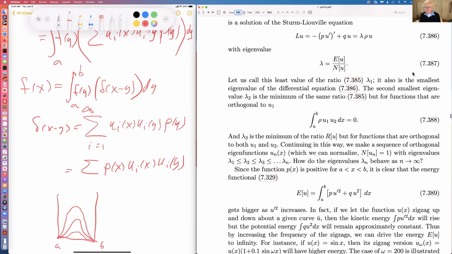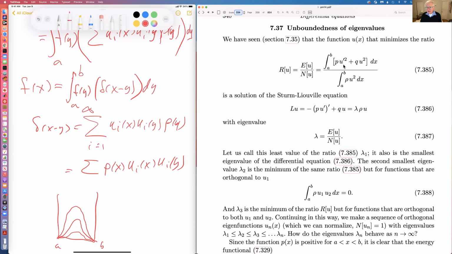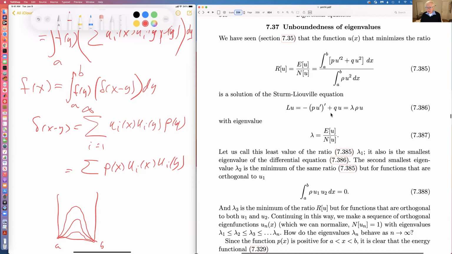And what people normally do is they say, well, you see, this turns out, the eigenvalue turns out to be E over N. And that's because if you integrate this by parts and use the boundary conditions, then what you find is lambda.